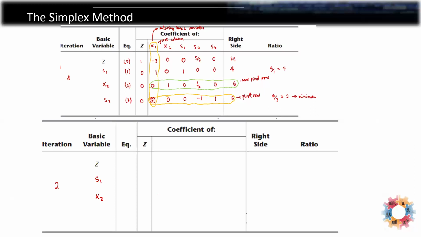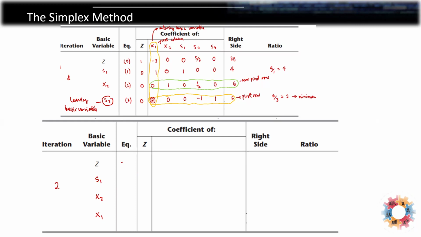So this is the leaving basic variable. And that means that instead of S3 here, it will be replaced by X1, the entering basic variable.